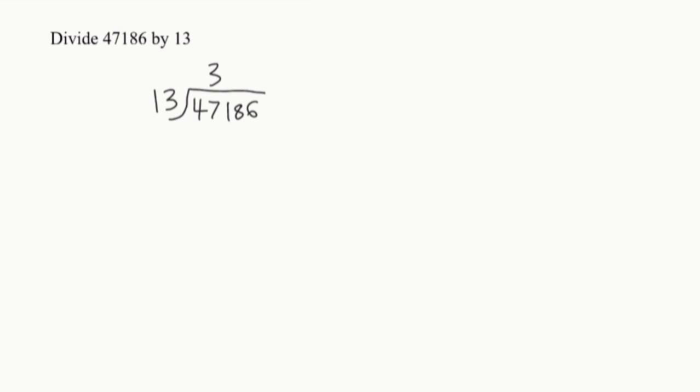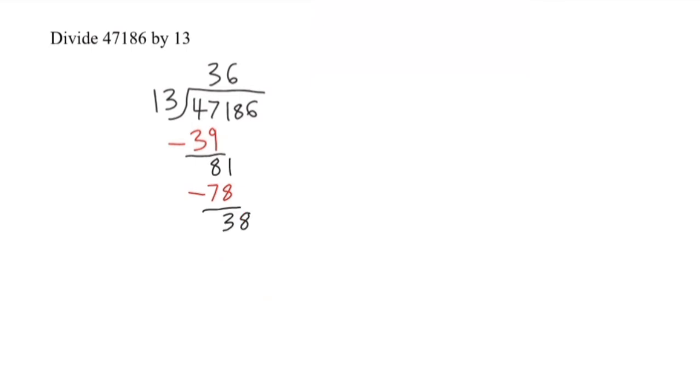Multiplying 3 by 13 gives us 39, so we subtract 39 from 47 to get 8. Bring the next digit 1 down to get 81. Divide 81 by 13 to get 6 with the remainder of 3. Multiplying 6 by 13 gives us 78, so we subtract 78 from 81 to get 3.